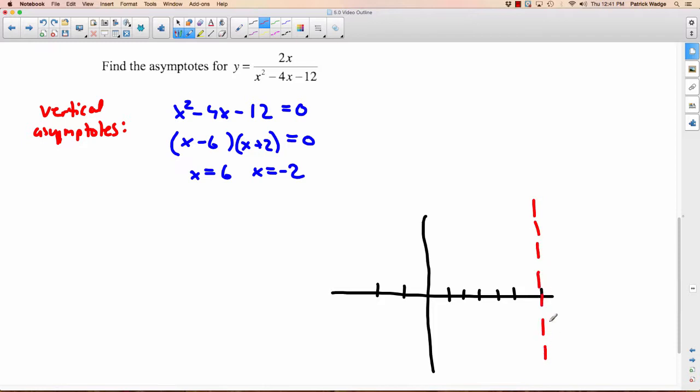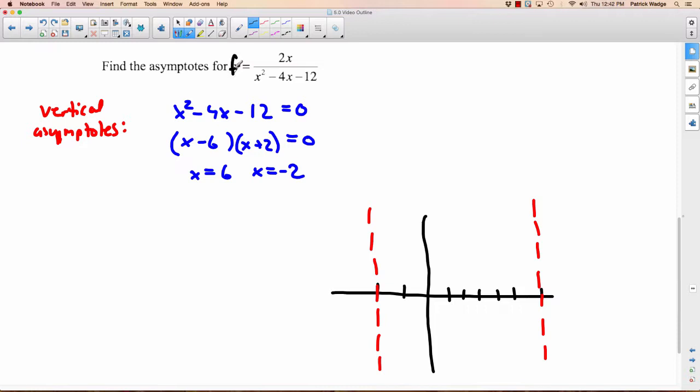There's one there, and there's one there. What I want to know is, what does the graph do as it approaches this asymptote from the left? Does it go up towards infinity or down towards negative infinity? Same from the right here. Same to the left here, and same from the right there. So there's actually 4 places we have to look.